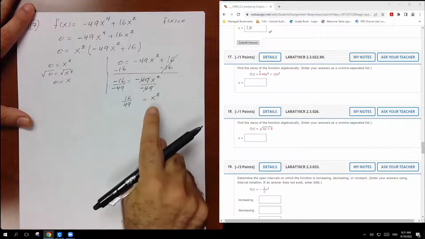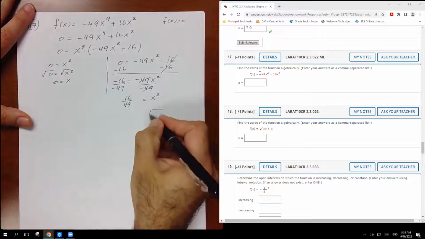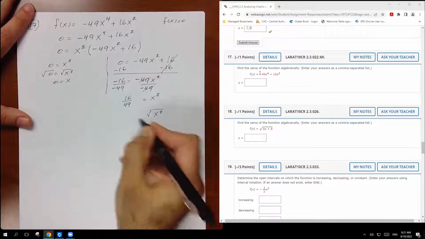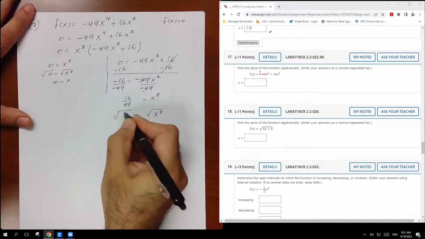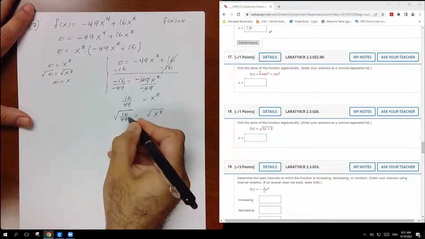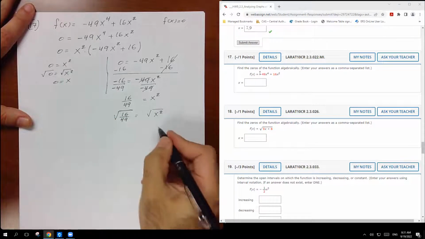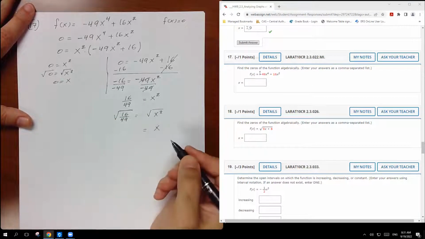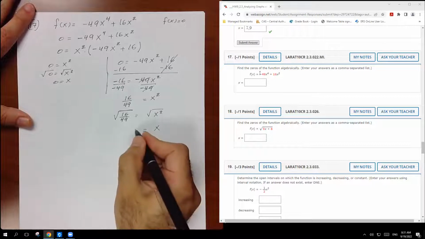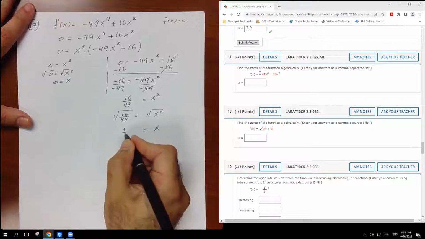Now I need to find the value of x. So I'm going to take the square root. The square root of x squared is going to be x equal. I'm not going to forget to add plus or minus. It's supposed to be here in front of the number.